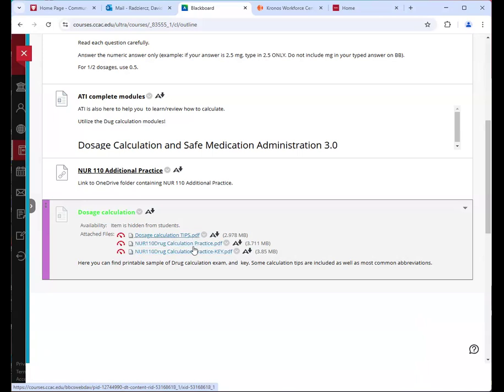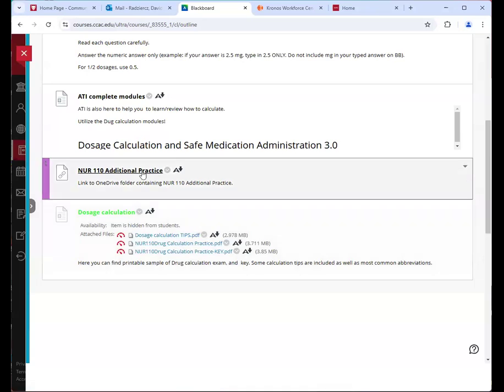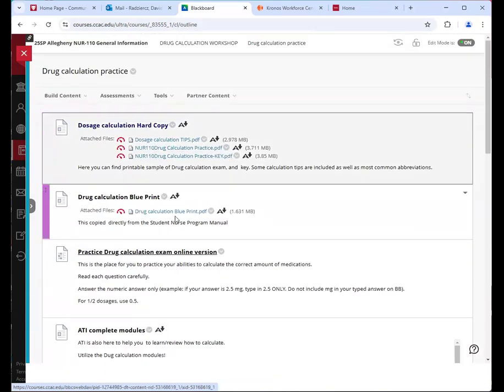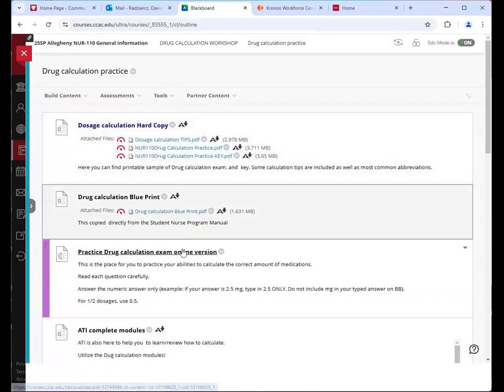This is an outdated review, which is why it's hidden from you. If you click here, that'll open up the OneDrive folder, and there are some outdated practice questions on there if you want to look at some of the old stuff. But this is the most up-to-date, and the things you should be focusing on will be those two.